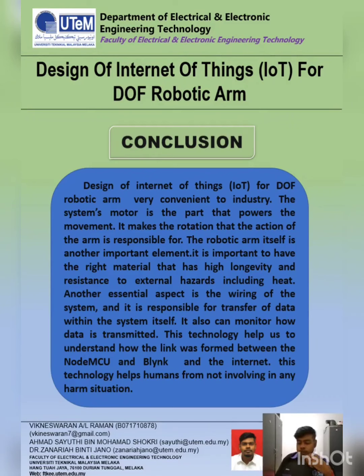What we can conclude in this project is that the robotic arm is very useful and convenient to the industry, which means it can replace humans, so it can work non-stop, even in a production line, without any interruption. It can work without any error or delay.